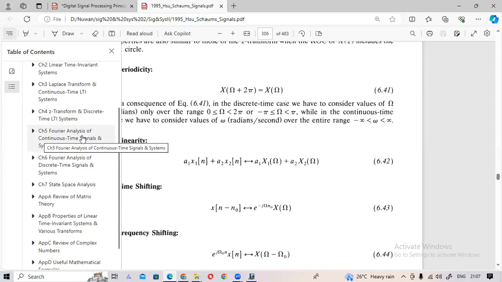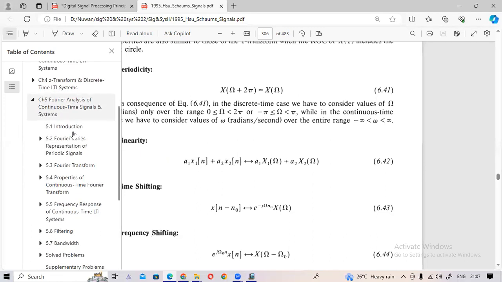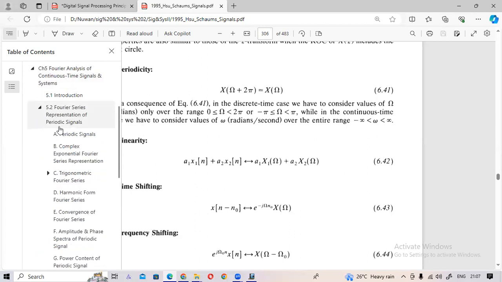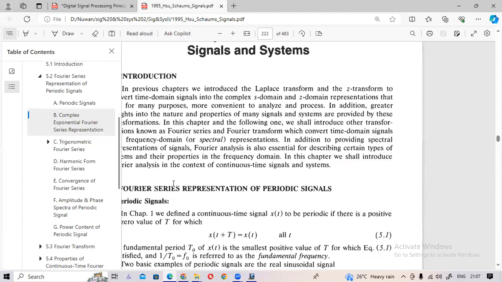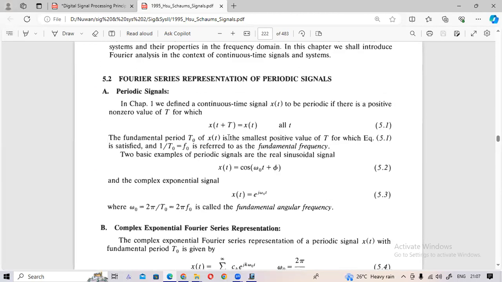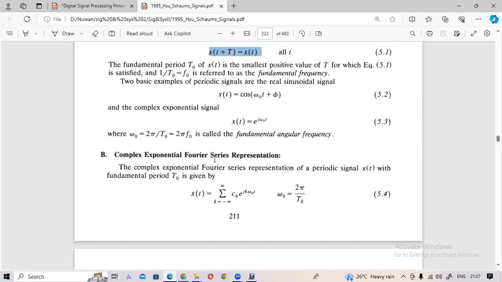Chapter 5 in this book is Fourier analysis. We are talking about the Fourier series representation for the periodic signal. I told you previously the condition for the periodic signal. This is the complex exponential signal, and this is a sinusoidal signal, which can be cos or sine.